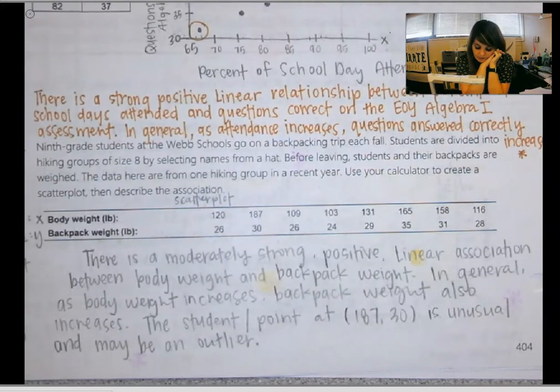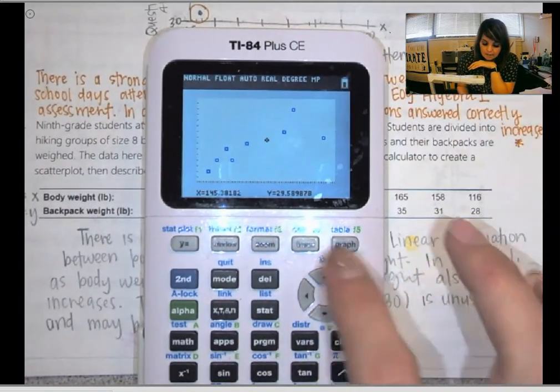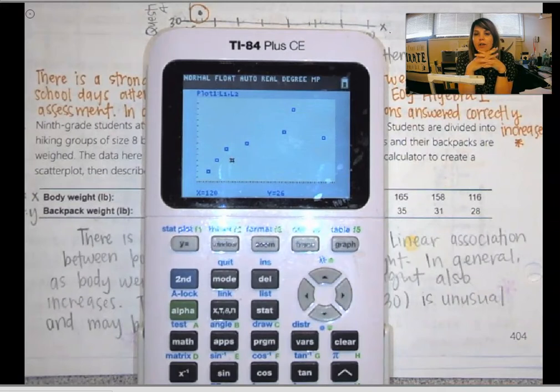So what I have is, there is a moderately strong, positive, linear association between body weight and backpack weight. Now, in deciding whether or not your relationship is strong or moderately strong or weak, you will get more guidance on that in our next lesson, because right now all we talked about was perfect, strong, weak.